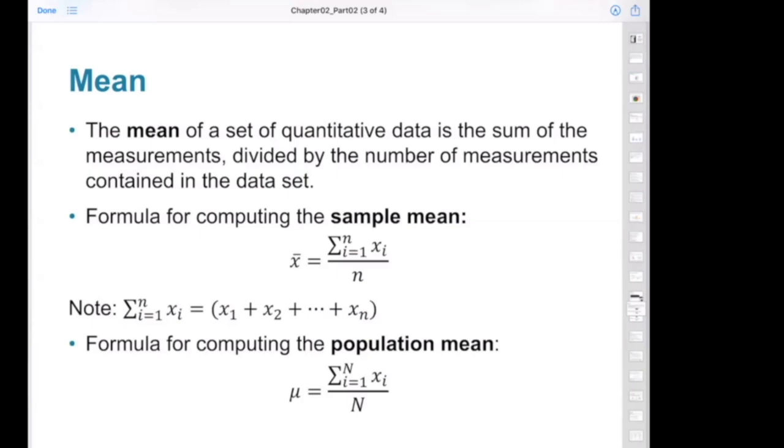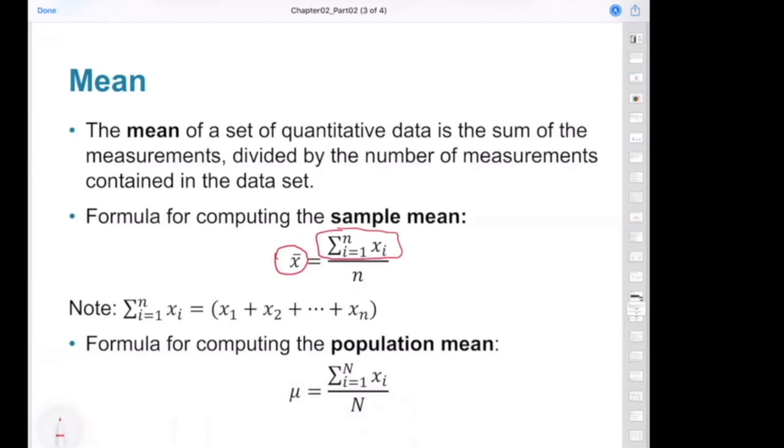So as you can see here, for the mean, if you would like to find the sample mean, we give this measure this symbol, X bar, as you can see here. So this is the symbol for the sample mean, X bar. It's equal to the sum of xi divided by n.